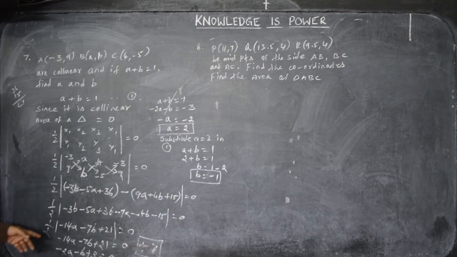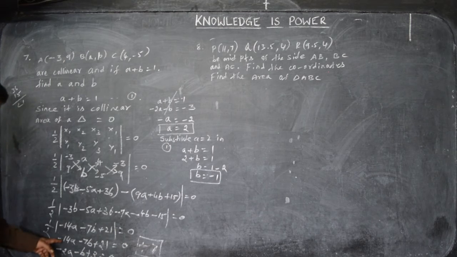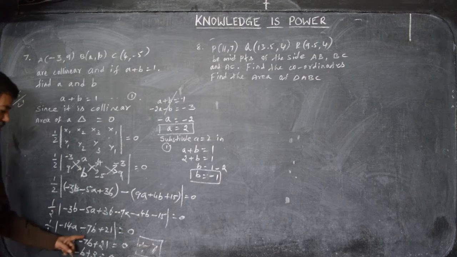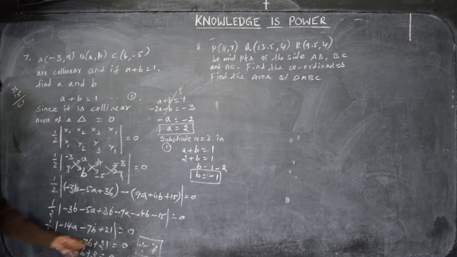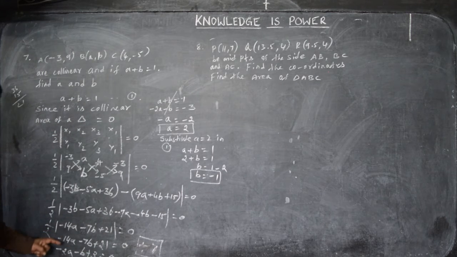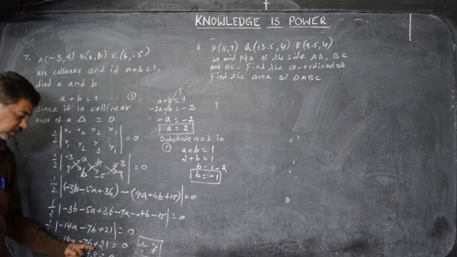Any number times 0 will be 0. So balance term equal to 0. Since all of these are in the 7 table, 14, 7, 21, everything goes in the 7 table, so we divide by 7. In the 7 table it is 2 times, this is 1 time, this is 3 times.